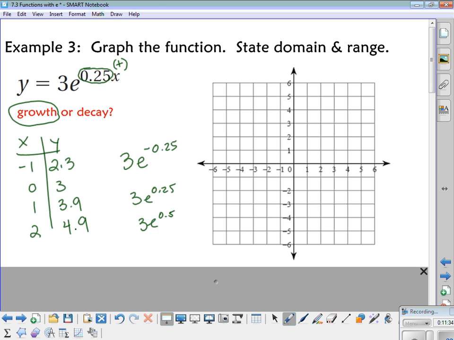Then you just plot the points: -1, 2.3; 0, 3; 1, 3.9; 2, 4.9. That's enough to give me an idea of what my graph is doing, and it would look something like that. Just like before, my domain is all real numbers, and my range is y is greater than 0.